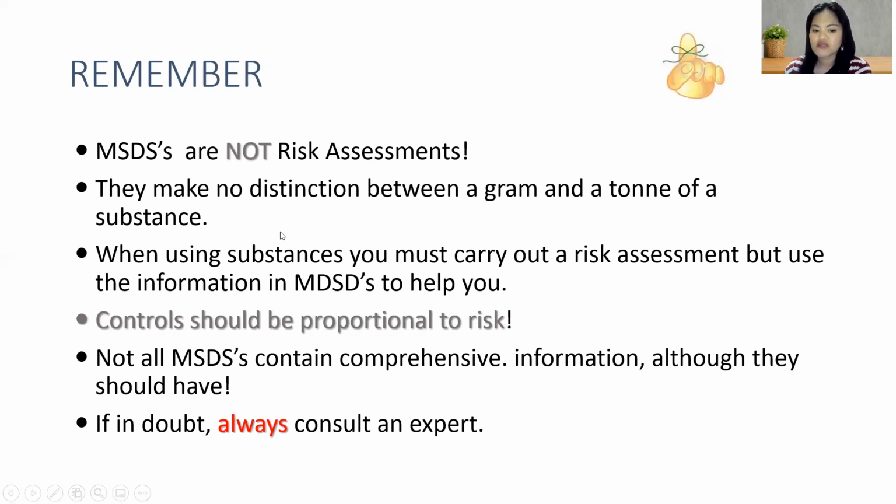They make no distinction between a gram and a ton of a substance. It just gives you the natural property of what it can cause when mishandled, and it might cause an accident. So when using substances, you must carry out a risk assessment, but use the information in the MSDS to help you. And controls should be proportional to risk.